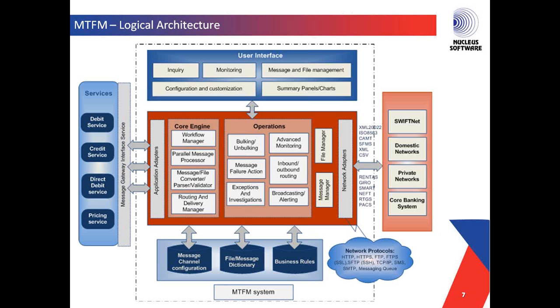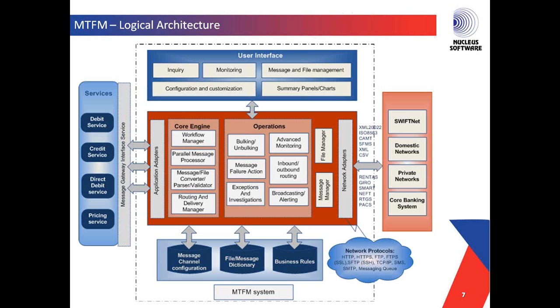Now, we talked about a situation where an online message has come. On the other hand, there can be a situation where a file is received, and this file may have a combination of hundreds of messages, and out of them 50 could be NEFT messages, 50 could be RTGS messages. Here also the workflow manager comes into the picture.